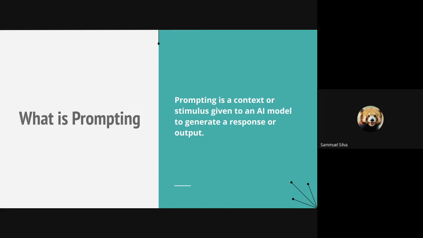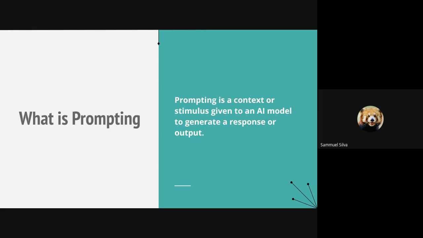So prompting is a technique to provide a specific starting point. We provide the model a starting point or context, and then the machine learning model will generate a response or an output.